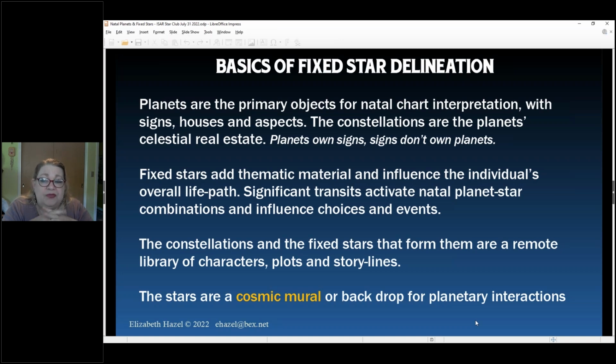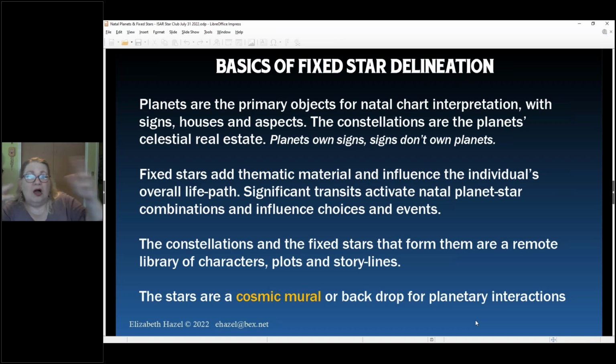Fixed stars add thematic material and influence the individual's overall life path. So you get a big picture when you're adding fixed stars. Significant transits can activate natal planet-star combinations and influence choices and events that follow those themes or storylines. The constellations, fixed stars, and the stars that form them are like a library of characters, plot lines, and storylines.